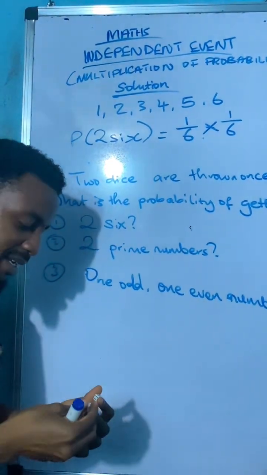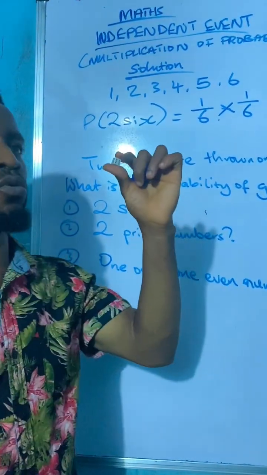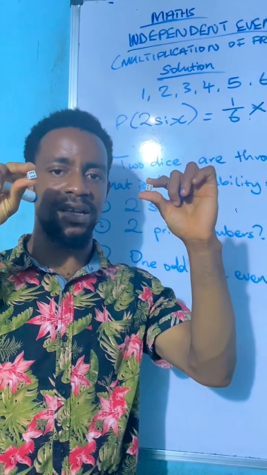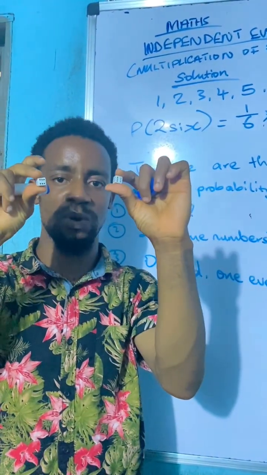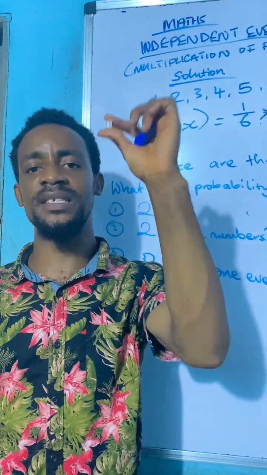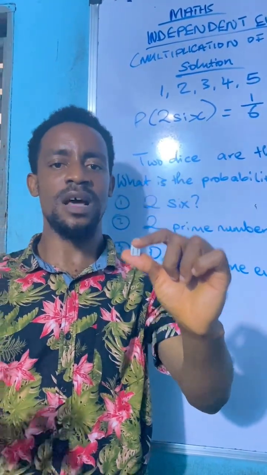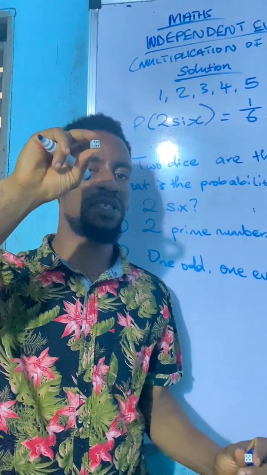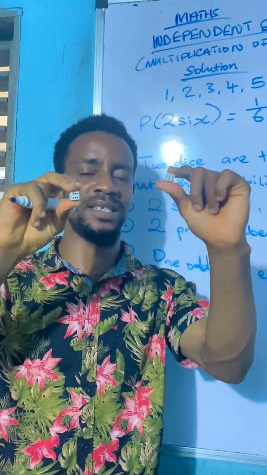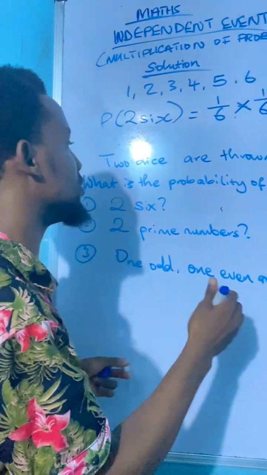Let me explain what I said. You calculate the probabilities separately, then you multiply the answers together. Probability of getting 6 on this die is 1/6. Now, if you bring the second die, the probability of getting it is 1/6. So 1/6 times 1/6, that's what we are just going to do.